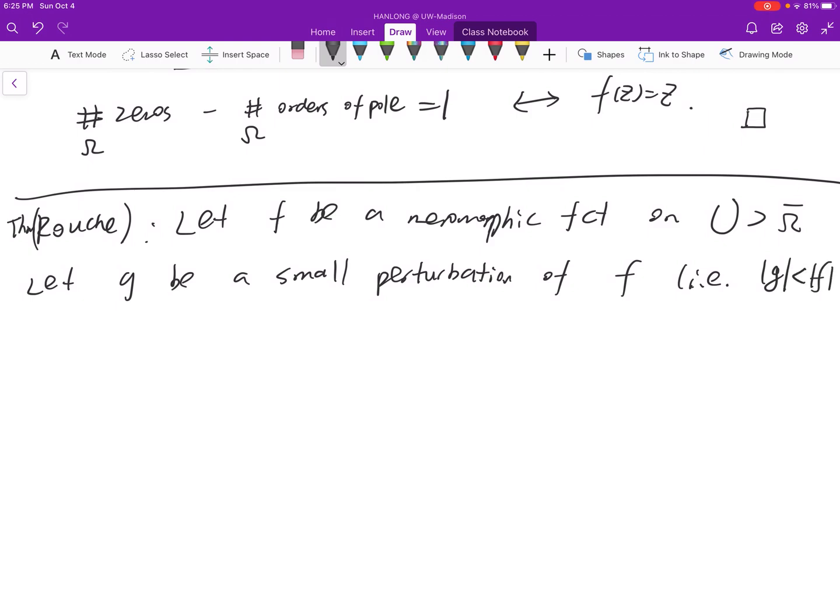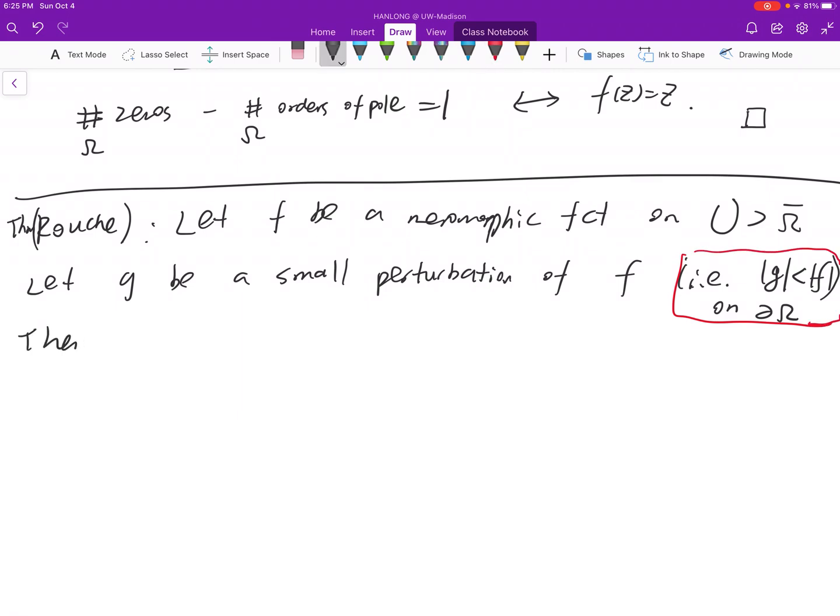Small perturbation has a lot of meaning in different contexts, but in this theorem we only assume that the absolute value of g is less than the absolute value of f on the boundary of omega. So this is the condition.